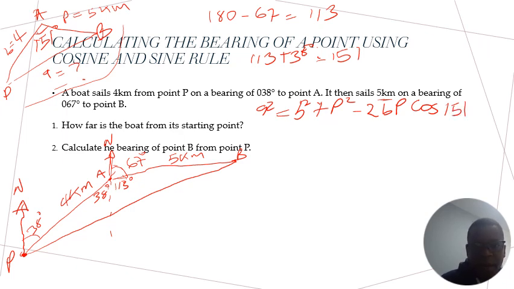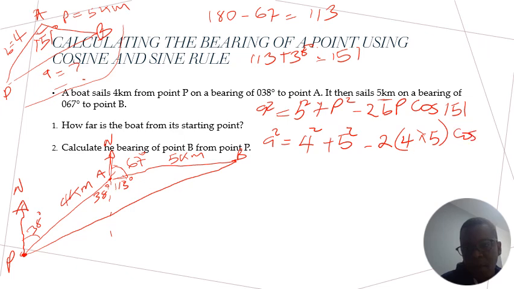A we don't know, b we know is 4, p we know is 5. So minus 2bp, that is 2 times 4 times 5, cos 151. Here a squared is equal to 4 squared, which is 16, plus 25, minus 40 cos 151.